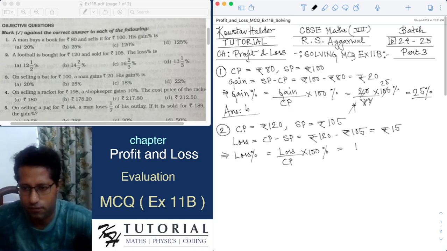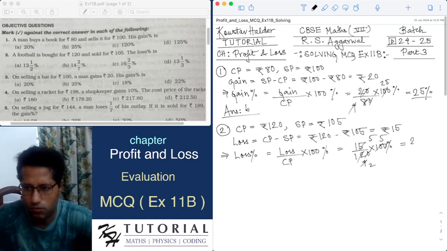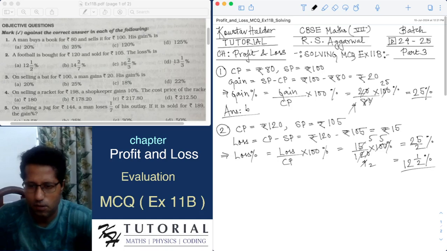Loss is 15 and cost price is 120 multiplied by 100, and this is 25 by 2 percent. 25 by 2% means 12.5%. So the answer is choice A.